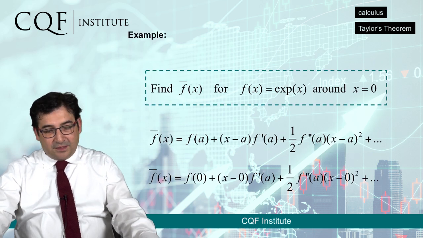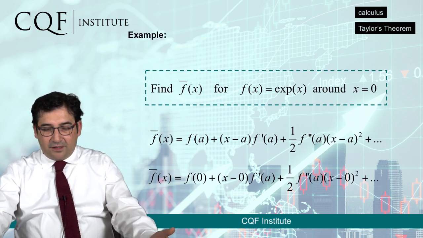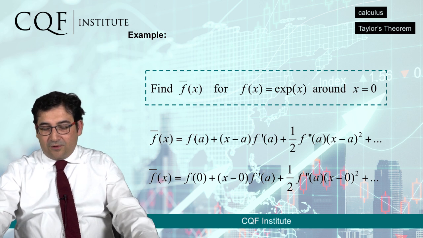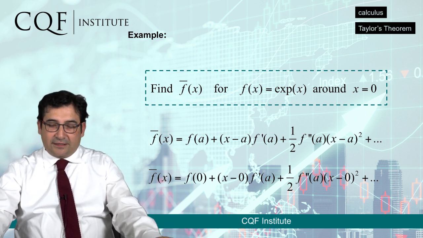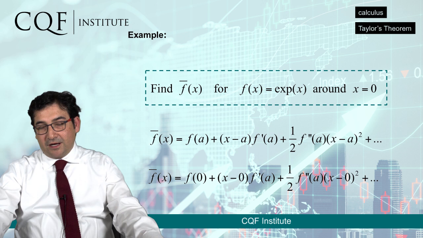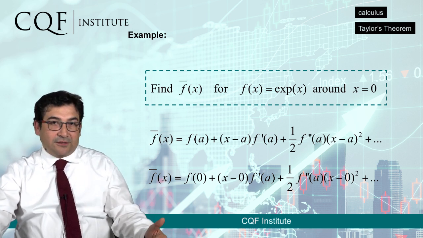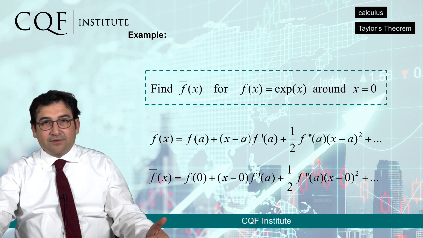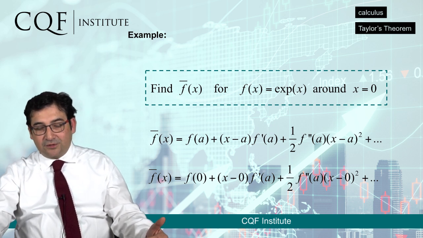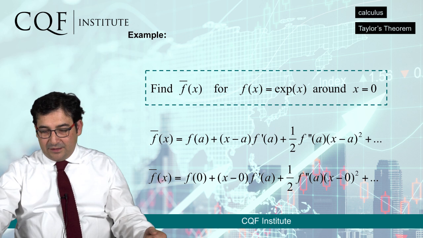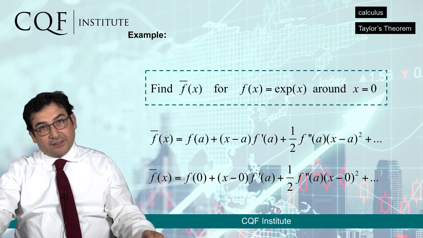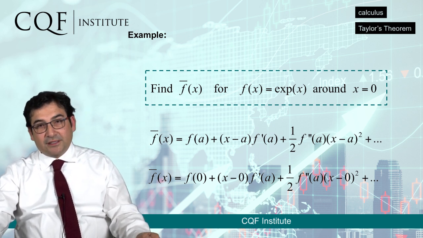For example, I want to find f bar, that is the approximate function, for the exponential of x. I want to do this around x equals 0. What do I do? Well, I take Taylor's theorem that involves the value of the function at that point, f evaluated at a, involves the first derivative, and involves the second derivative, and so on.